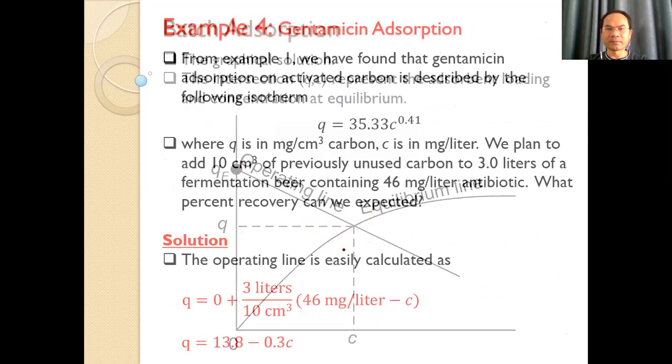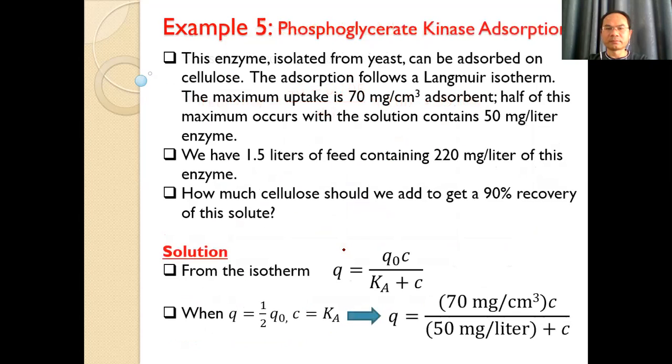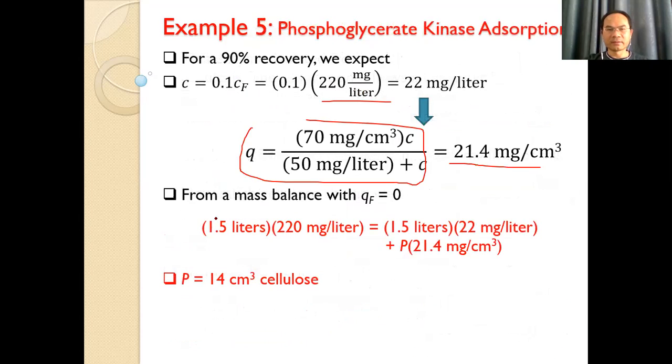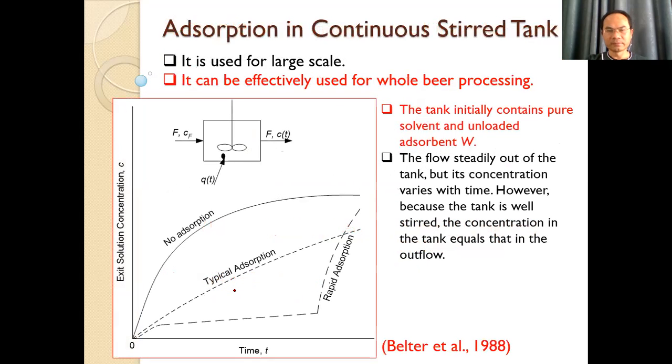F times CF, 1.5 liter times 220 milligram per liter, equals F times C, 1.5 times 22, plus P times Q. And then you solve for P. P is the amount of cellulose that we use for adsorption. It's about 14 cubic centimeter of cellulose. We need 14 cubic centimeter of cellulose for this adsorption.